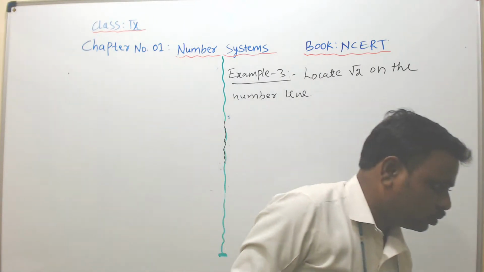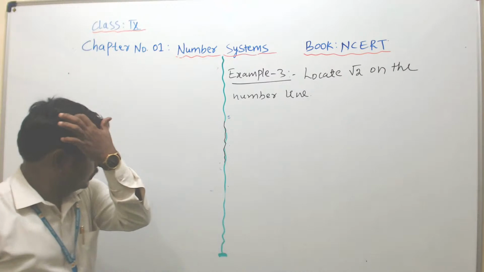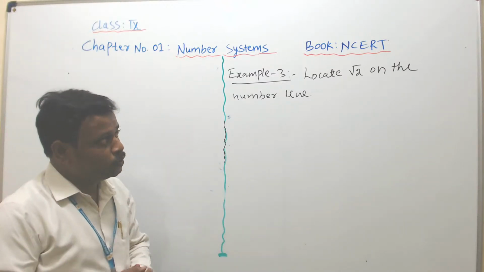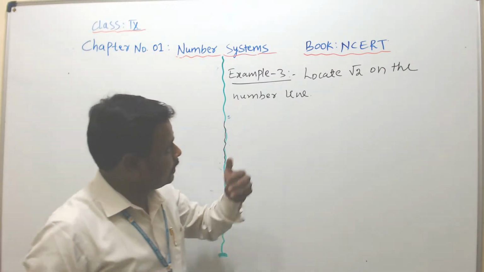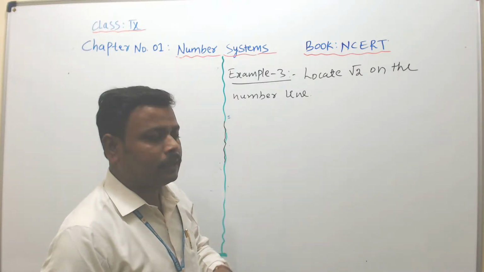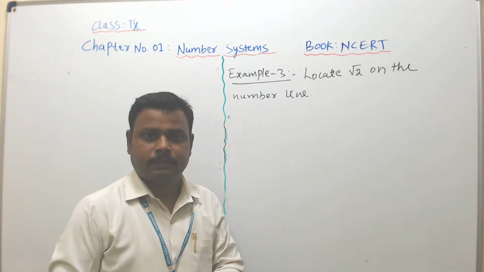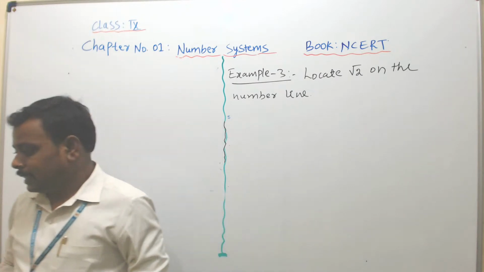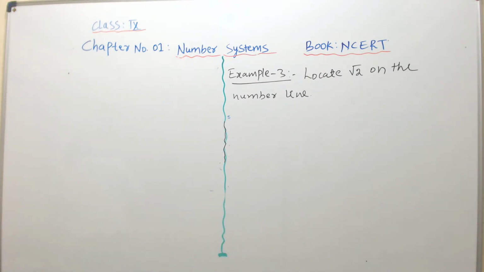So we are locating root 2 on the number line, and also I will explain about root 3, root 4. Let us study first root 2 on the number line.